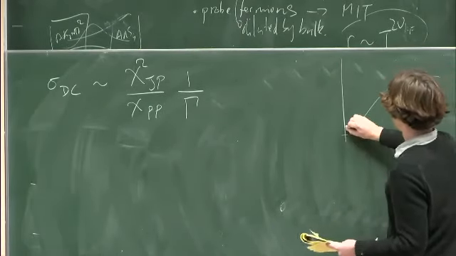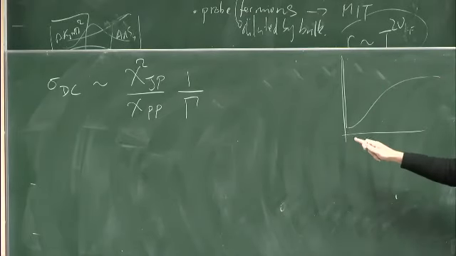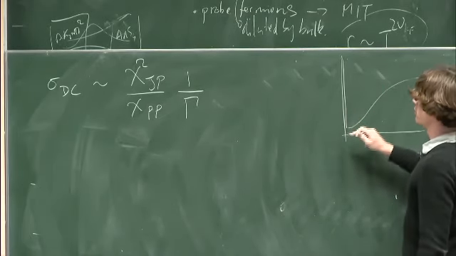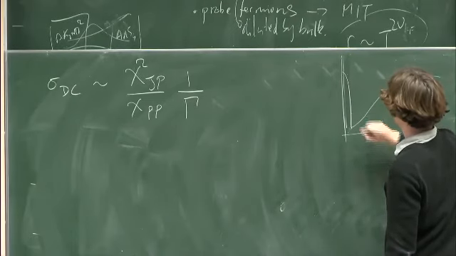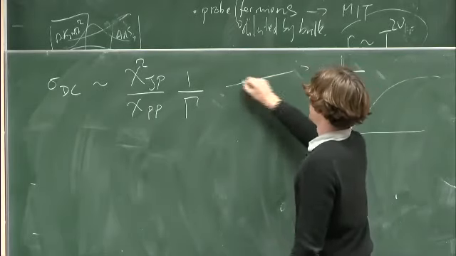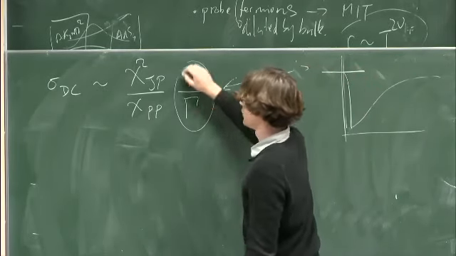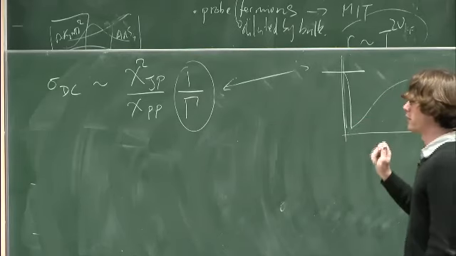The conductivity that we calculated yesterday had this delta function; that delta function will now get resolved into some kind of Drude peak, and the height of this Drude peak depends on 1 over gamma, where gamma is this momentum relaxation rate.